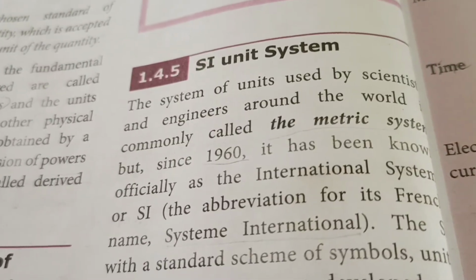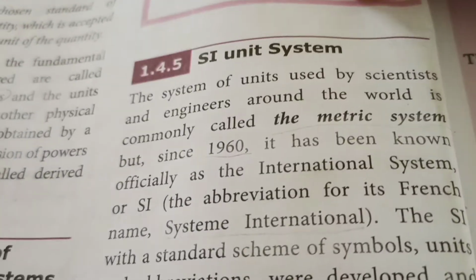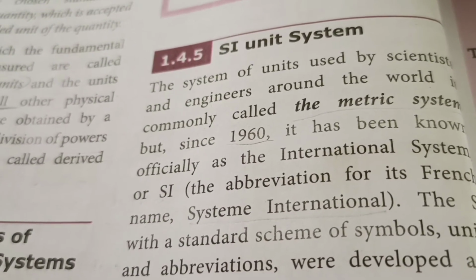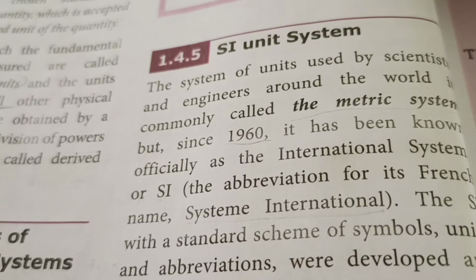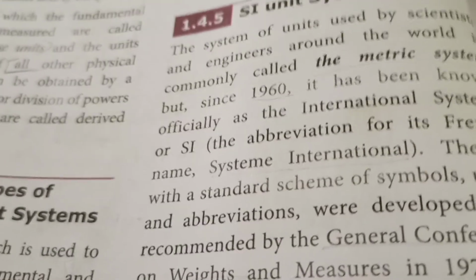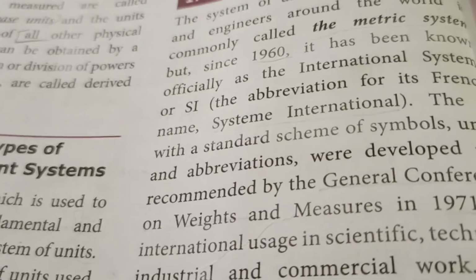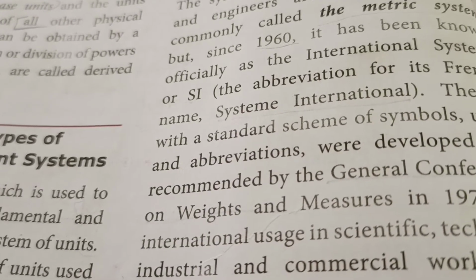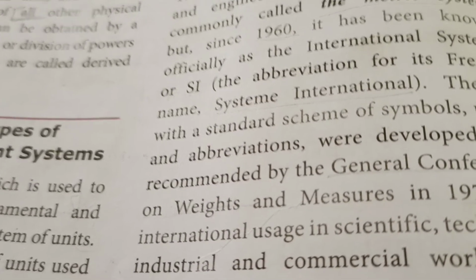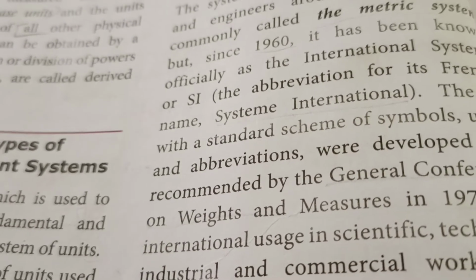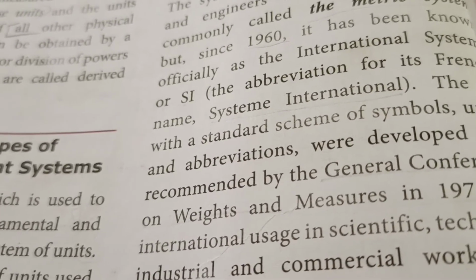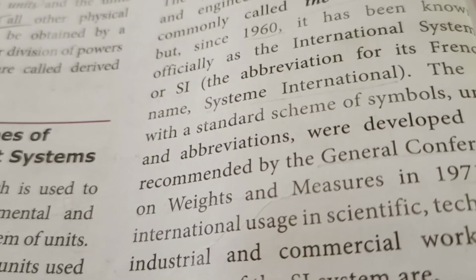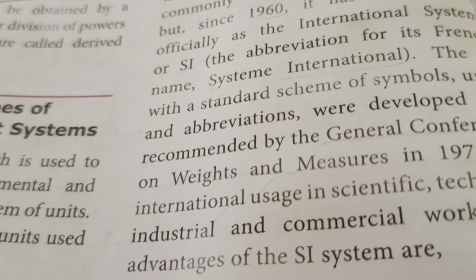The next one is the SI system. The system of units used by scientists and engineers around the world is commonly called the metric system. In 1960 it became officially known as the International System, or SI, the abbreviation for its French name, Système International.